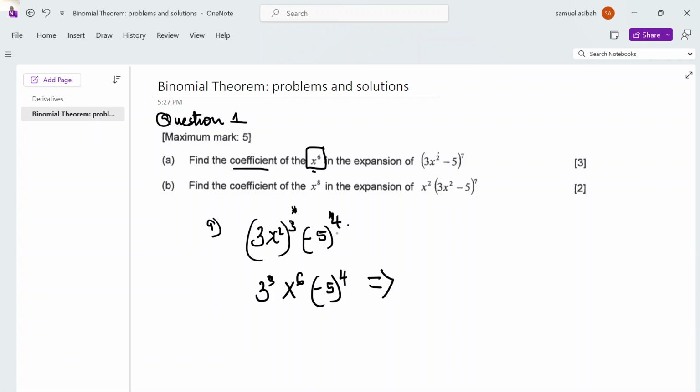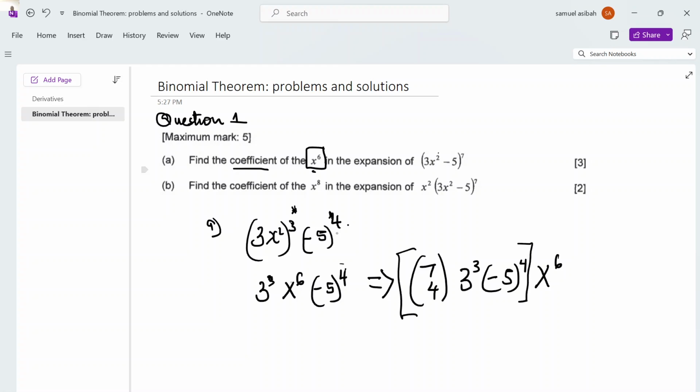So we can use combination here, and we know that this is 4 and the total is 7. So we can say 7C4 here in the combination, then 3 raised to 3, we have -5 raised to 4, then x raised to 6. Now this is what they need. This is the coefficient that they need in the expansion where x is raised to 6.